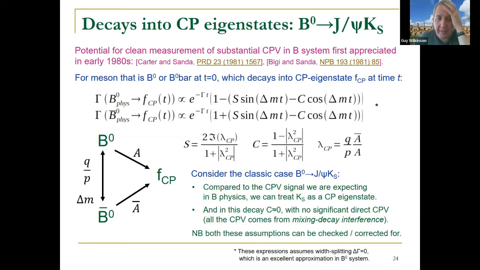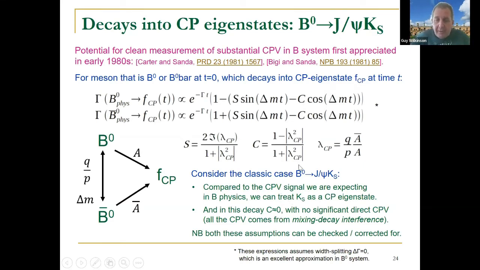Also in this decay, the CP violation in the decay turns out to be very, very small. One consequence is that lambda CP squared is 1, and therefore this C term, the coefficient in front of the cosine, vanishes.